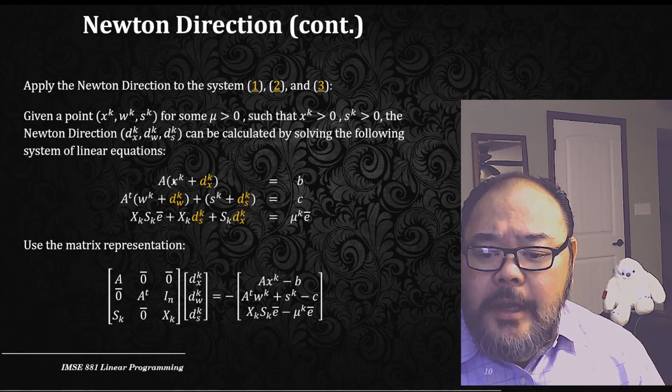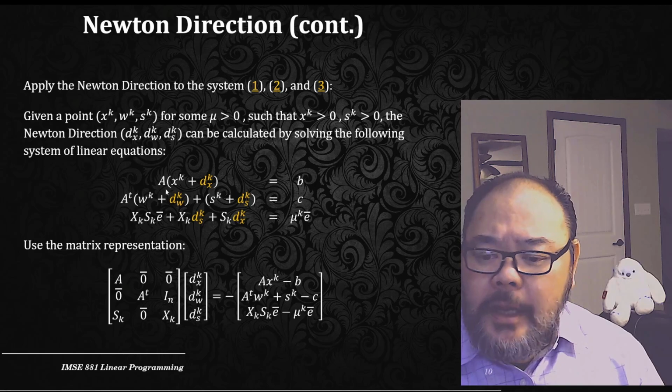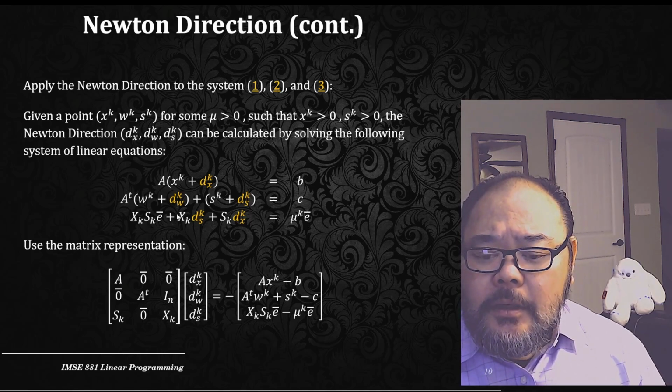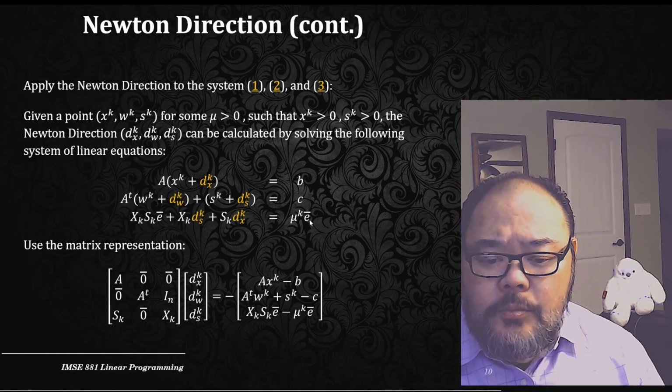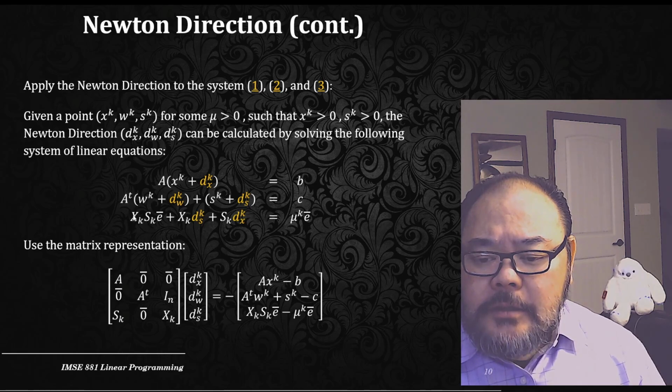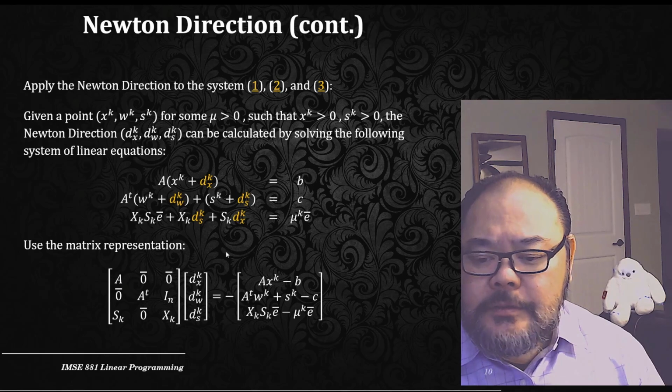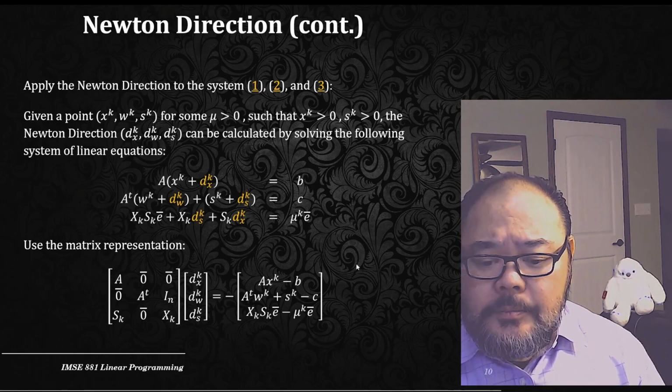For example, A times xk can be moved to the right hand side. A transpose times omega k and sk can be moved to the right hand side. And capital Xk times capital Sk times the vector 1 can also be moved to the right hand side. That results in this system of linear equations.